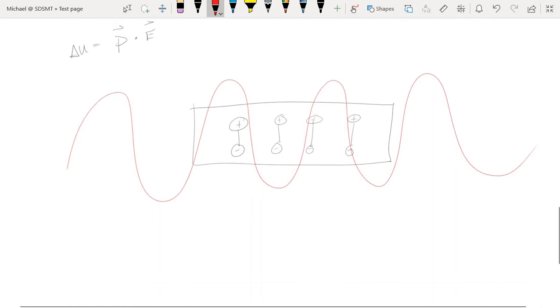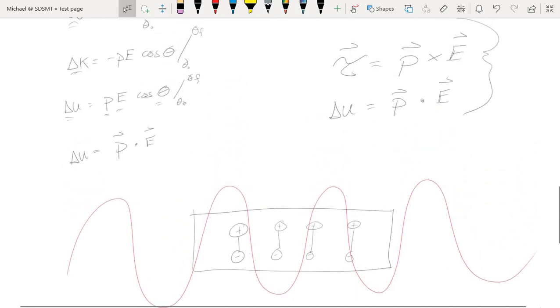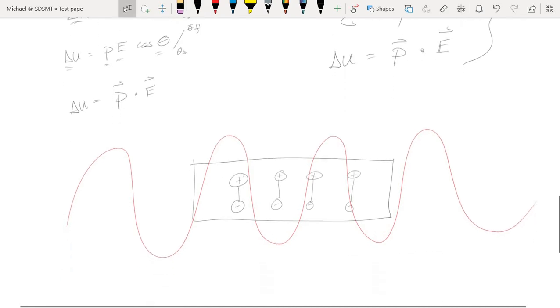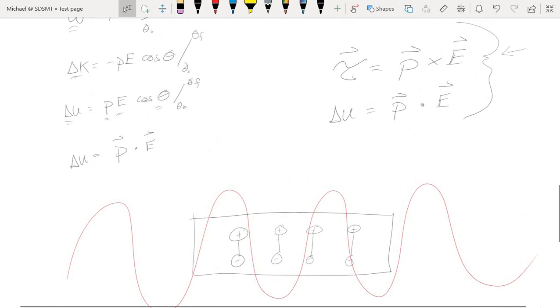And what's going to happen is, as these electric fields pass through the meatloaf, they're going to cause a torque to occur, which means that all of these water molecules are going to rotate.